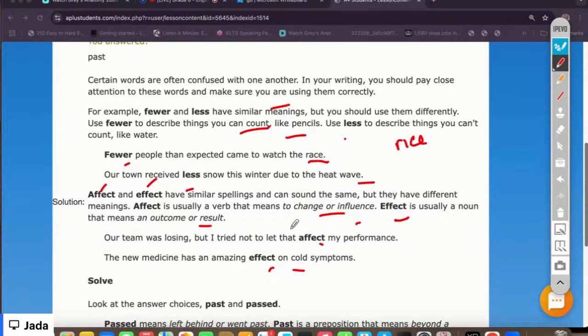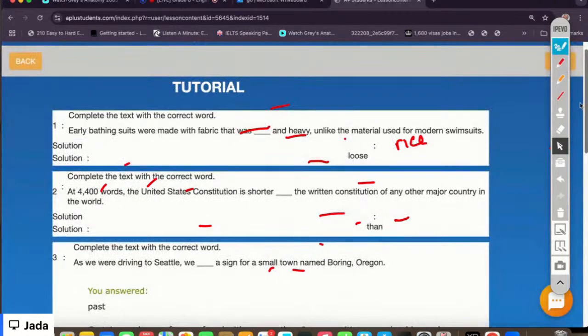So you can see that they sound almost alike and have almost similar spelling, but they have different meanings. So affect is the one that influences, and effect is the result or outcome of something. So this is a very typical example of frequently confused words. I know that it's very easy to confuse these two words. So let's look at some examples.